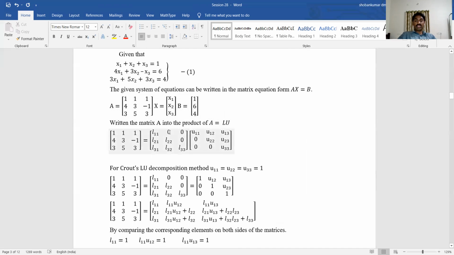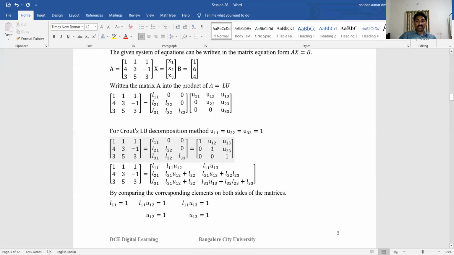L is L11, 0, 0, L21, L22, 0, L31, L32, L33, and U is U11, U12, U13, 0, U22, U23, 0, 0, U33. According to Crout's LU decomposition method, in the upper triangular matrix we choose U11, U22, U33 as 1. Therefore, substitute here, we get 1.